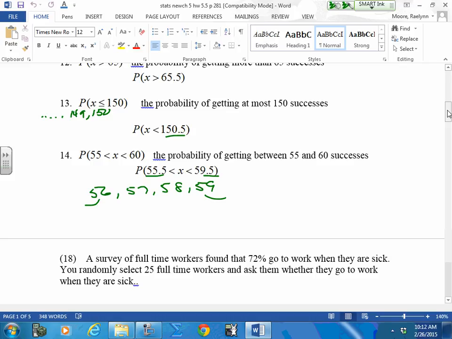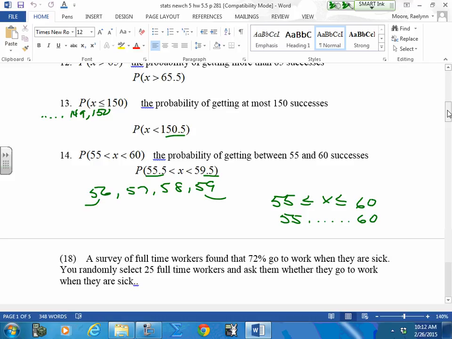That's different than when I do this with the equal sign, because then I go from 55 to 60, and I have to go 54.5, 60.5. It's that equal sign that you really have to watch. When can I use that number? Good?